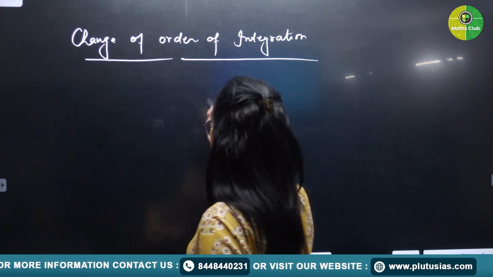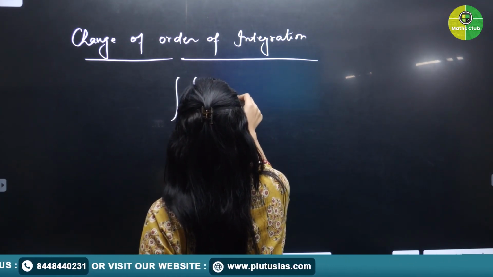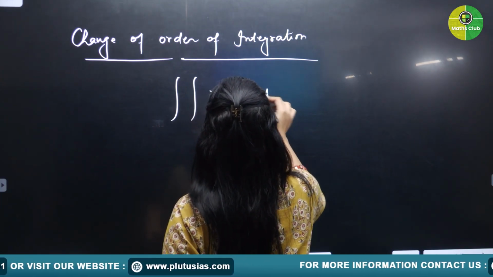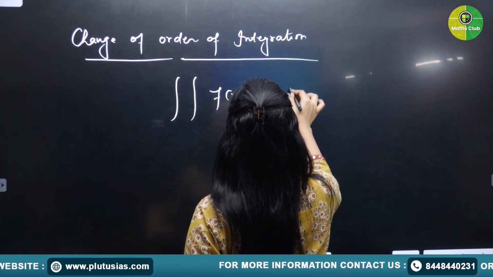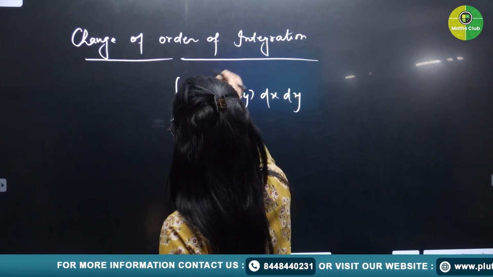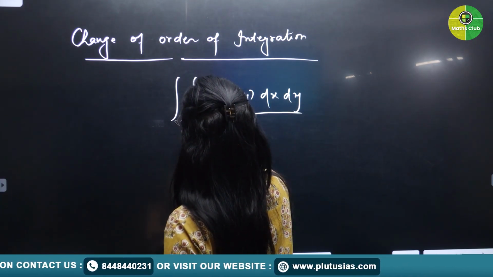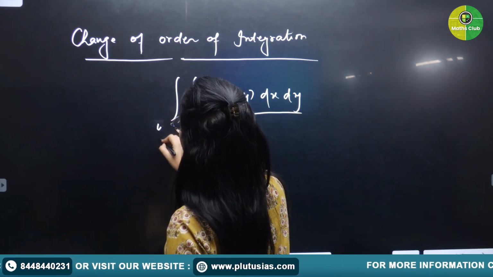Suppose this is some function f of x y, and we have to integrate it with respect to dx as well as dy, that is, a double integration. Then we have the limit of x and the limit of y.